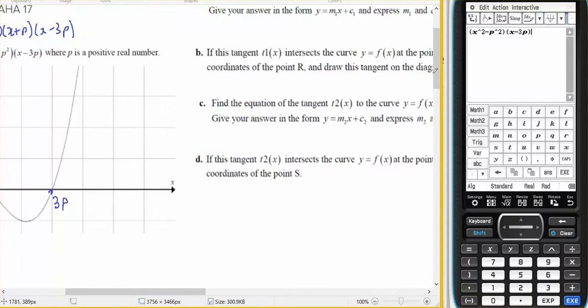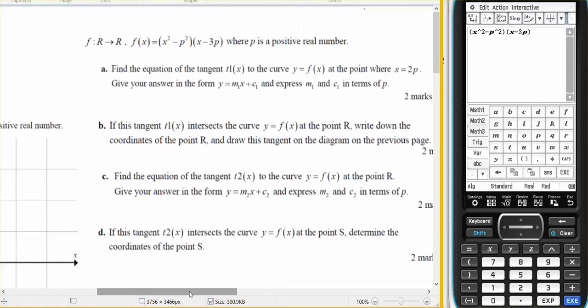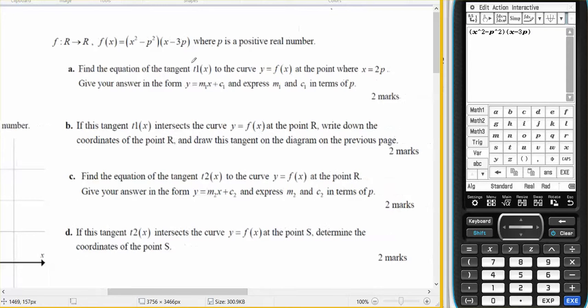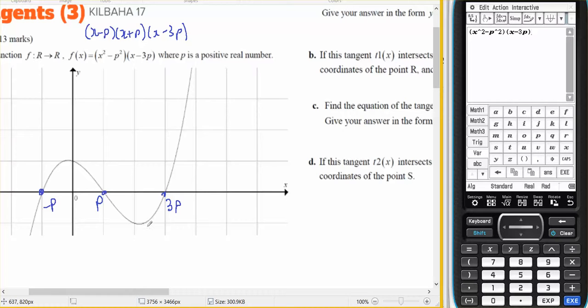So what do I need to do? I need to find the equation of the tangent called t1 of f of x at 2p. Express it in terms of p. So I'm going to find the tangent at 2p. Now that tangent should be there, and that tangent's going to run and look like that, and that's going to be t1.